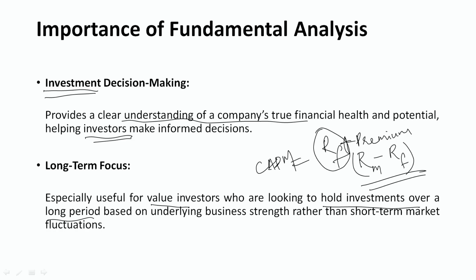So, if you look at the stock market, there are two types of players who actually take part in the stock market. One is an investor and the other one is a trader.